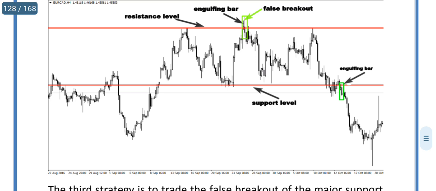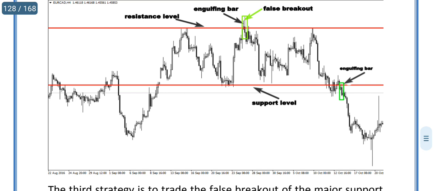At first, we see the formation of a bearish engulfing bar at the resistance level, and after its formation, we see the market trending downwards.